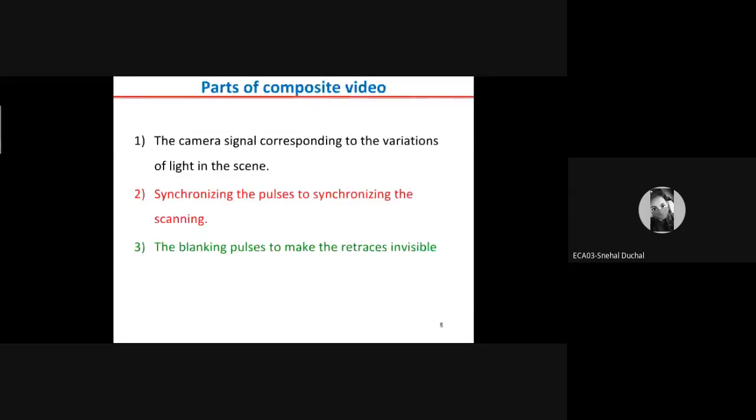So by using the video camera, we can capture the video signals.